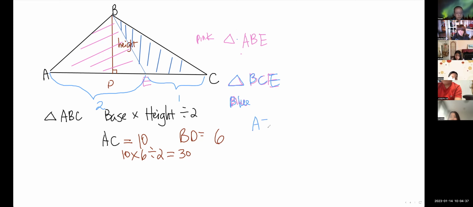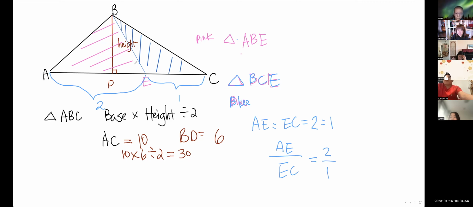So AE to EC equals 2 to 1. We have learned this before, right? So ratio is the same as fraction. So AE to EC equals 2 to 1. Okay, so everybody, I want you to tell me the area of the pink one and the area of the blue one. Okay, I know it looks very scary, but try to think about it.